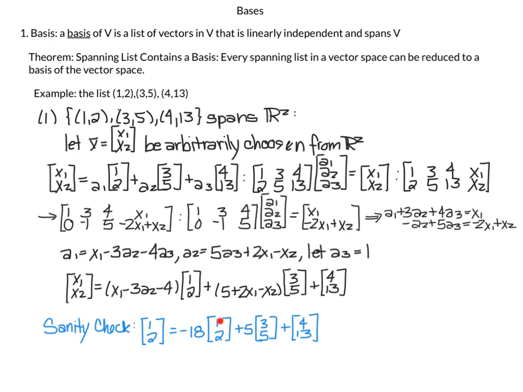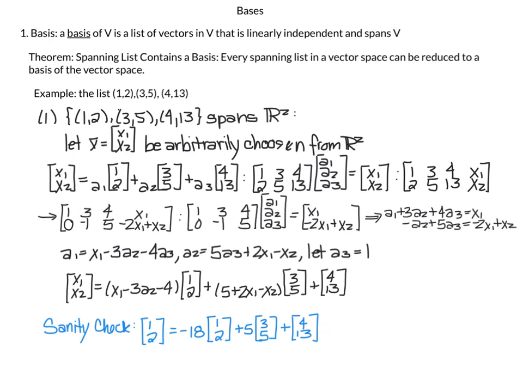So here I have minus 18 plus 15. So far I have minus 3 plus 4, that's 1, which is exactly what I have. It's my first coordinate. Now minus 18 times 2 is minus 36, plus 25 is going to be minus 11, plus 13, that's going to be 2. So that's what I have here.